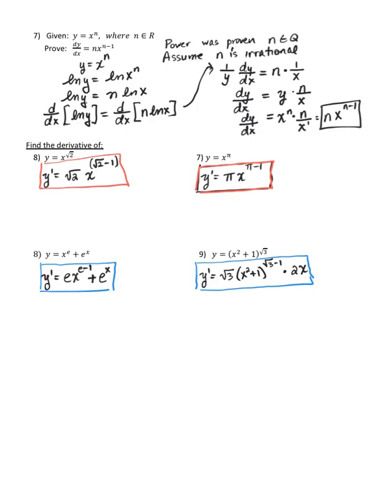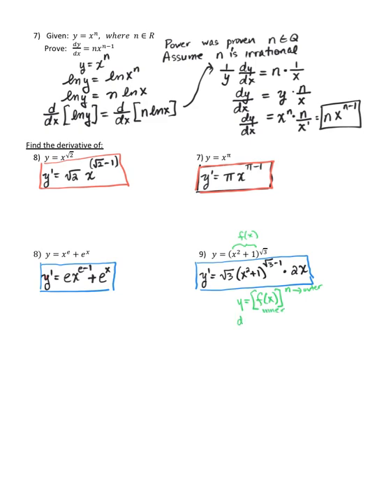In number 9, we've got a variable as a base and the exponent as an irrational number. However, notice that the base is a function of x. So recall that when we differentiate a function of x to a power, we use the power rule where the outer function is the power and the inner function is the base.